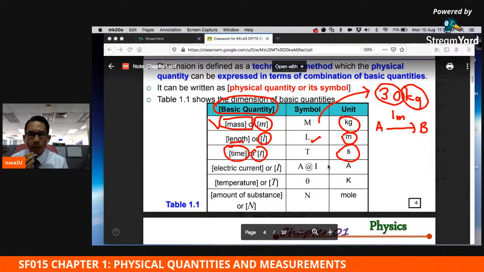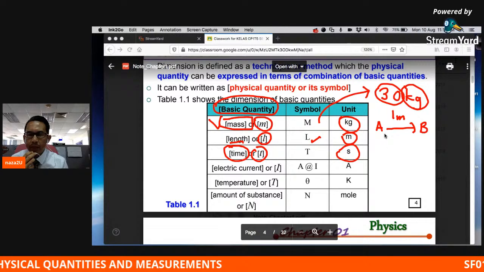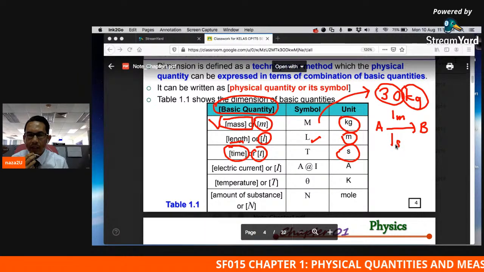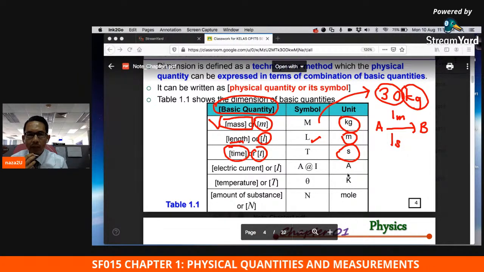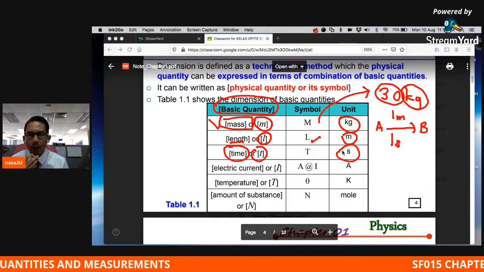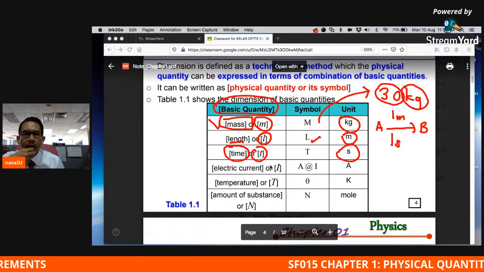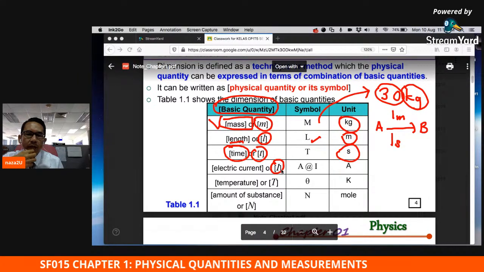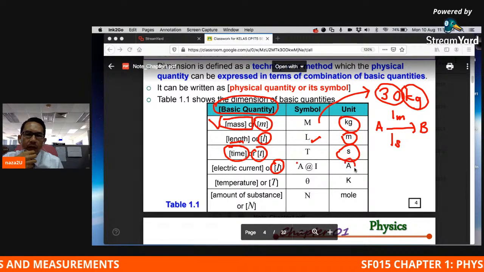Right, okay, so let's say the time taken from A to B is 1 second, right? So this is how you can measure the time T with the unit seconds. Okay, so the next is electric current, I. So how to measure the electric current? The unit is ampere, A, right?